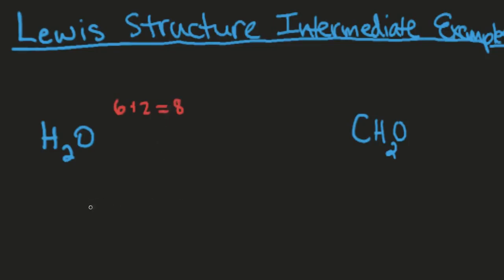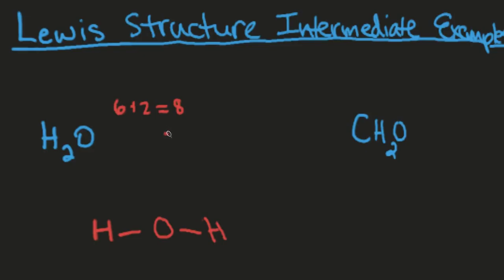So when we draw the skeleton structure, you have something like that because the hydrogen can never be central. And then for your first attempt, you draw one bond and one bond here because that's all hydrogen can do.